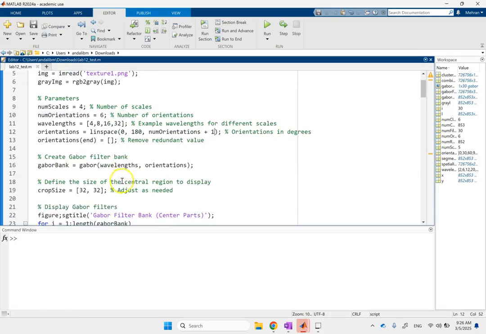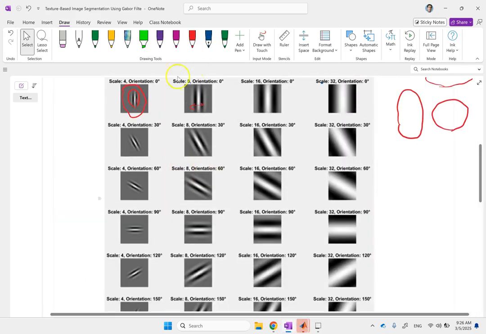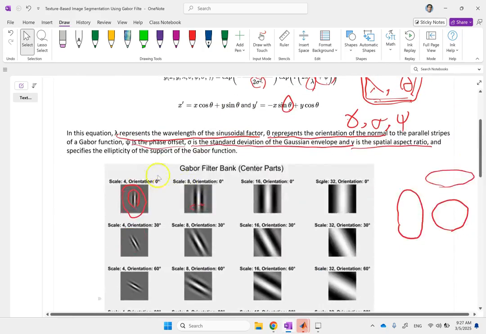And then to create the Gabor filter bank, all you need is to just apply the command Gabor and give it this set of wavelengths and the set of orientations. It creates a Gabor filter for you. And here I wanted to show you the Gabor filters. So when you change the wavelength, when you change this lambda, the size of the kernel goes bigger.